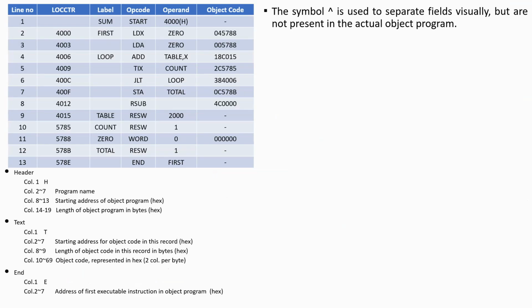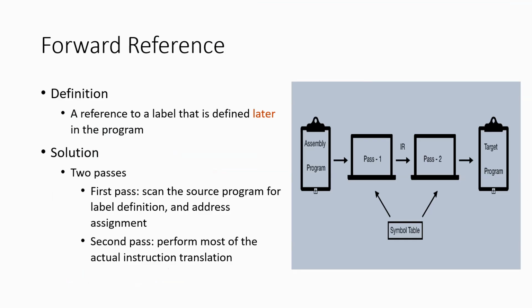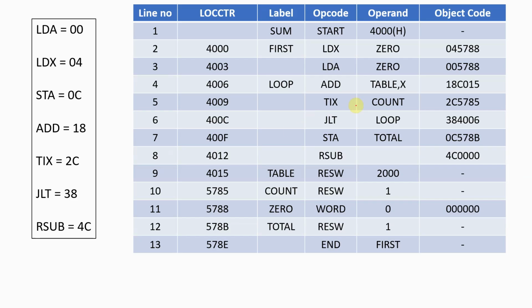Before moving to that, we have something called forward reference. Forward reference is when we are referring to a label that will be defined later in the program. For example, here I want to refer to 0, which is actually available in line number 11.